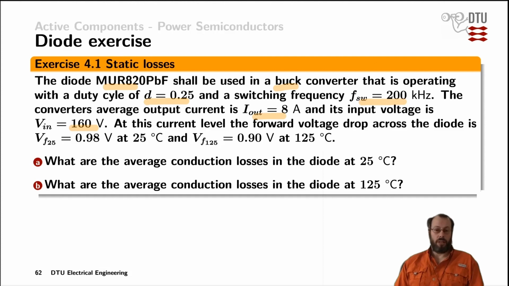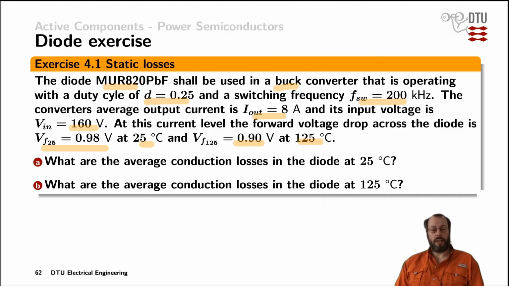Now, I've simplified this for you already, and you can assume that you can use the numbers from the datasheet because we are operating exactly at the point where the datasheet gives us the numbers. The forward voltage drop across the diode is defined as 0.98 volts at one temperature and as 0.9 volts at another temperature, which is read out from the IV characteristics in the diode datasheet.